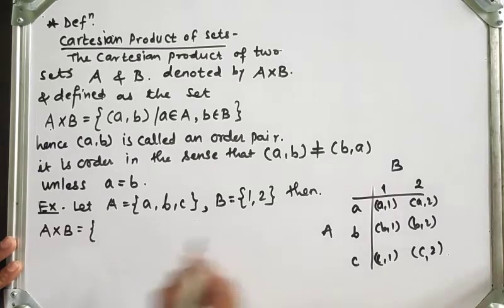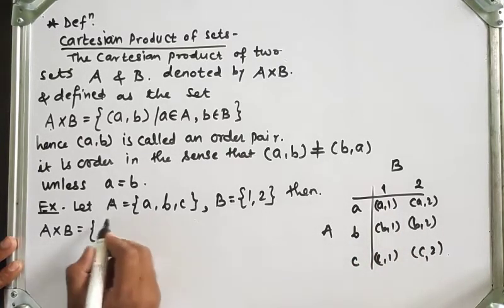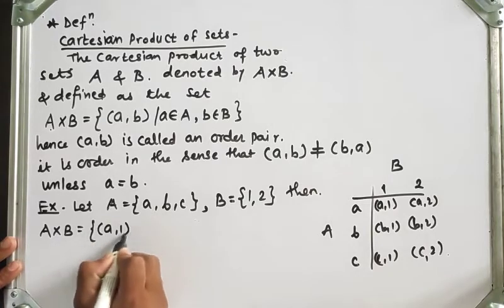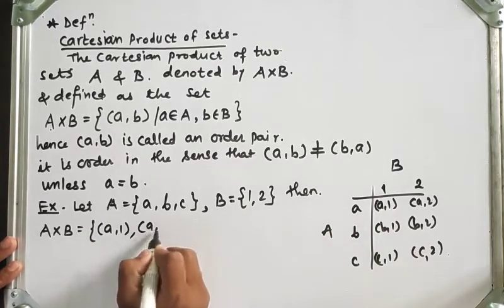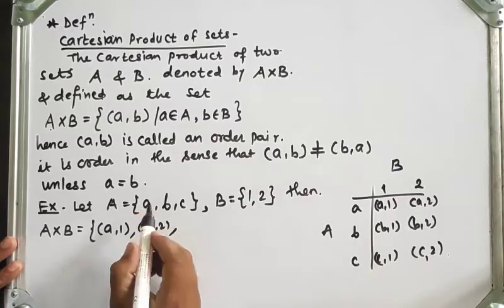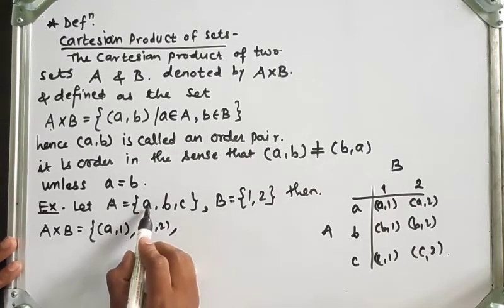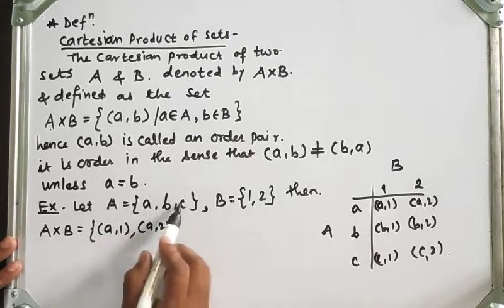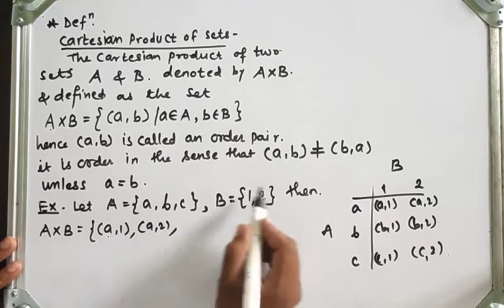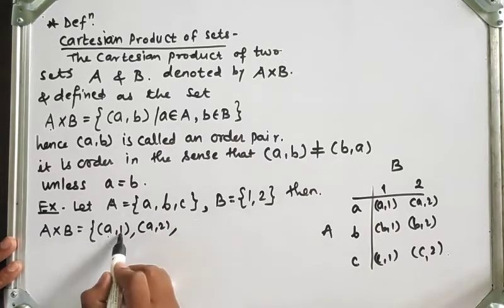So the set of all these ordered pairs we write in this way: A1, A2. Next, A cross B: every element from set A is in the first place, and every element from set B is in the second place.